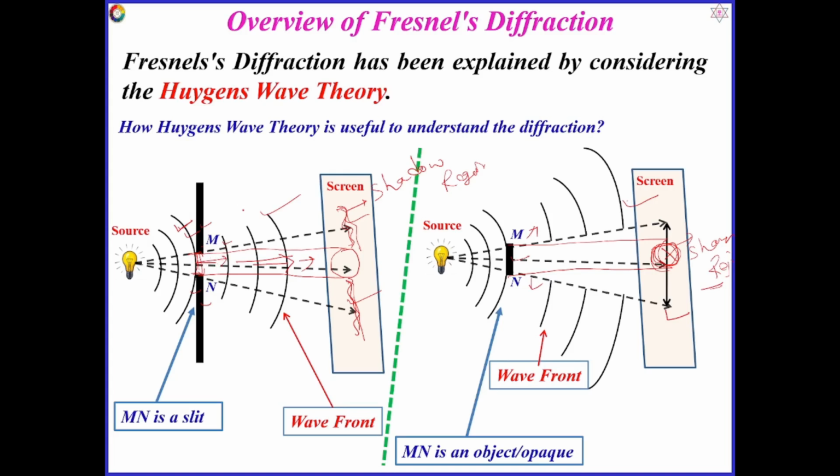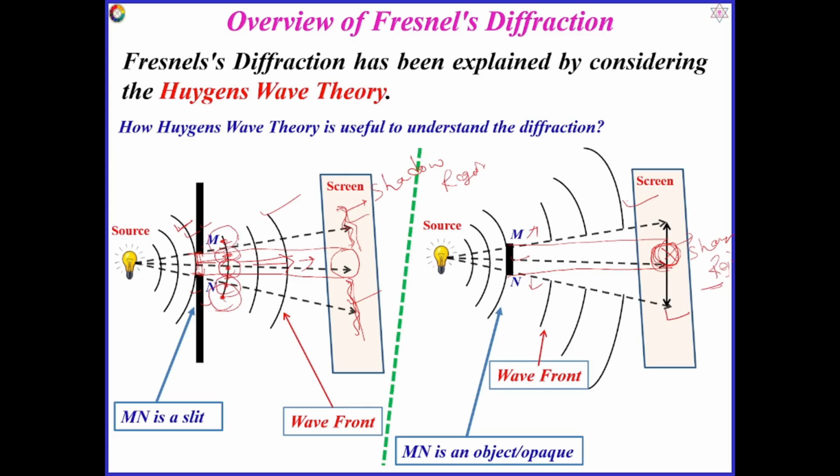And as we discussed in our previous slide, each and every point of the wavefront acts as a secondary source. So these are the secondary sources from which the wavefront again propagates towards all directions.